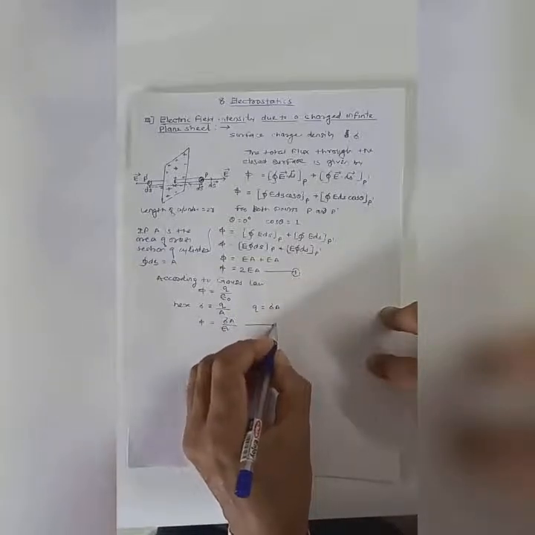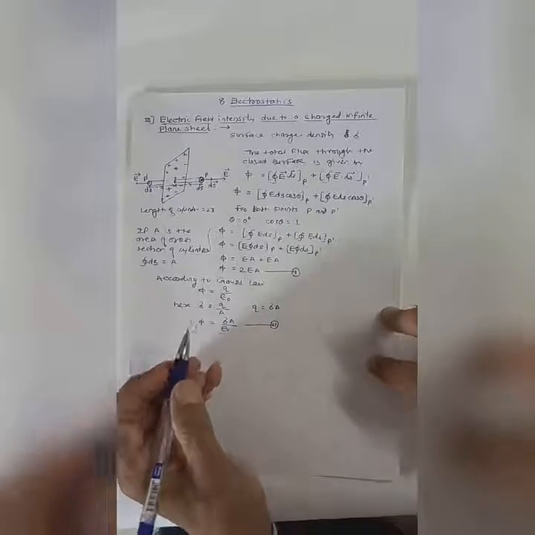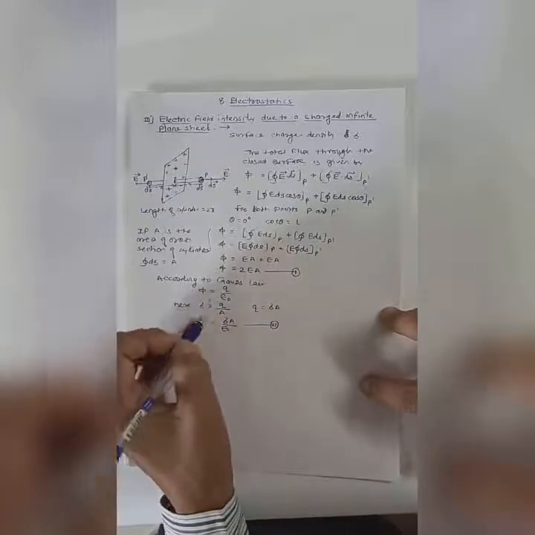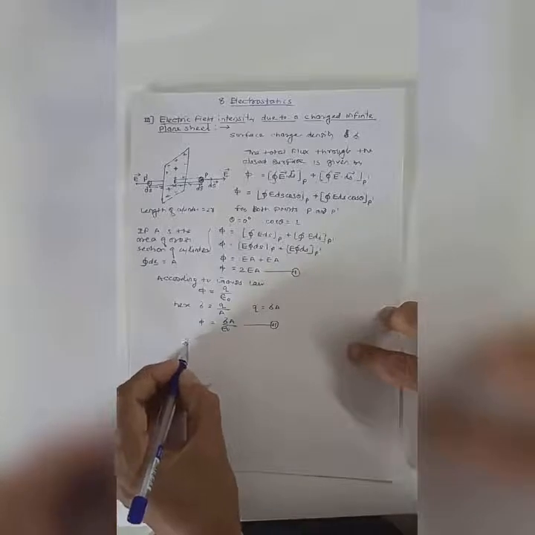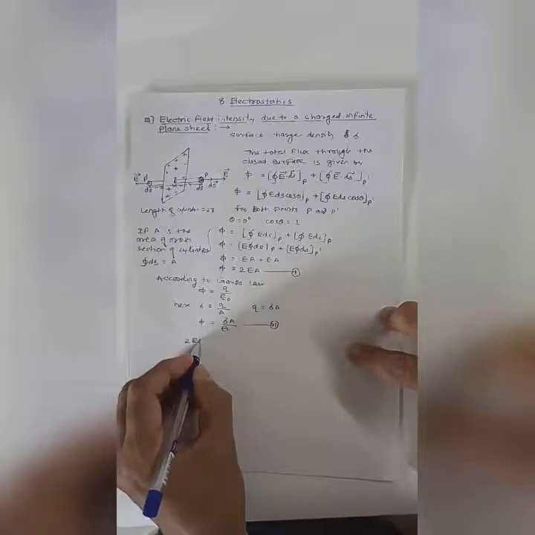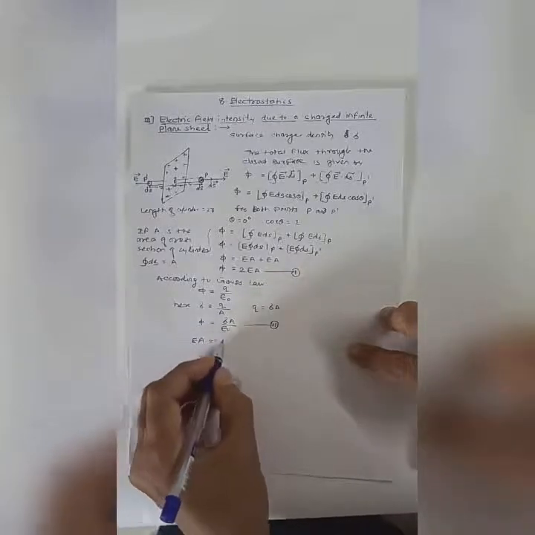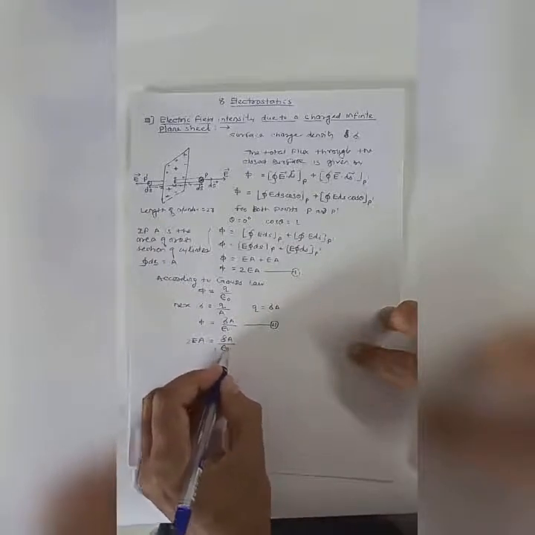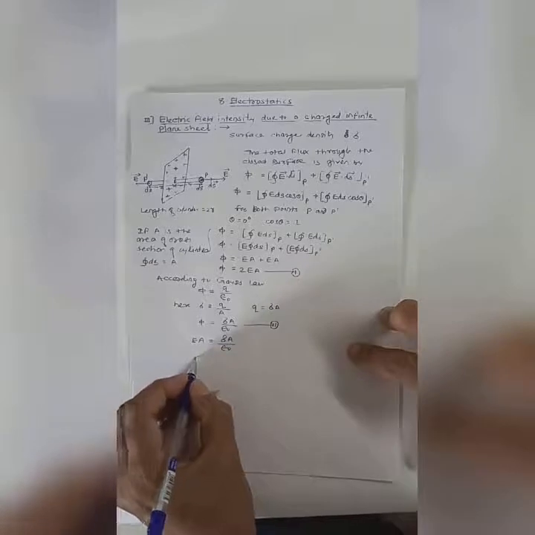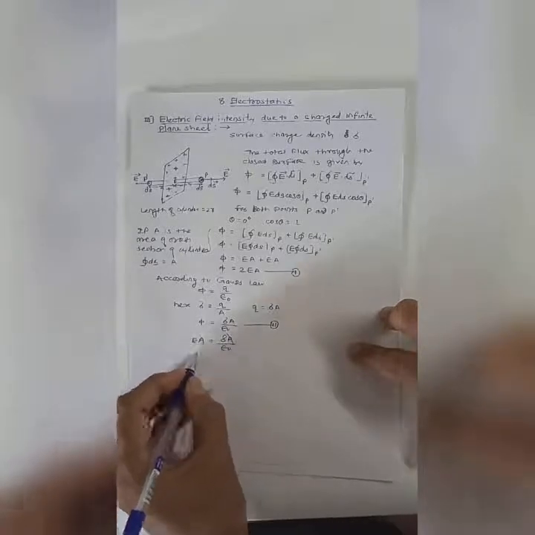This is equation 2. Equating equation 1 and 2, we get twice E into A is equal to sigma A upon epsilon 0, and therefore A gets cancelled.